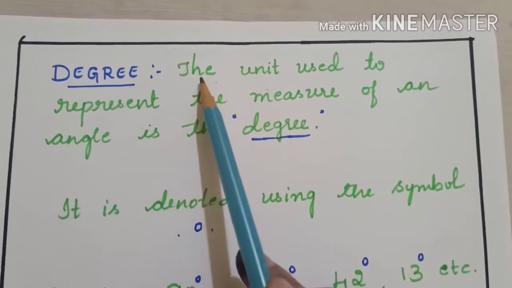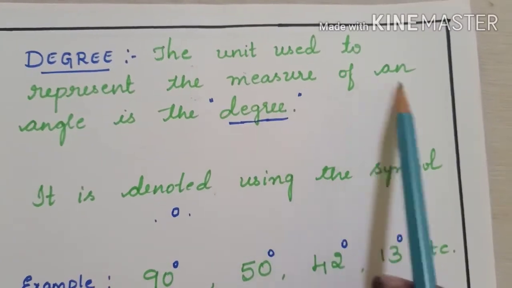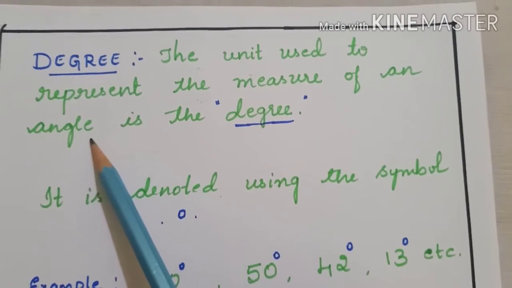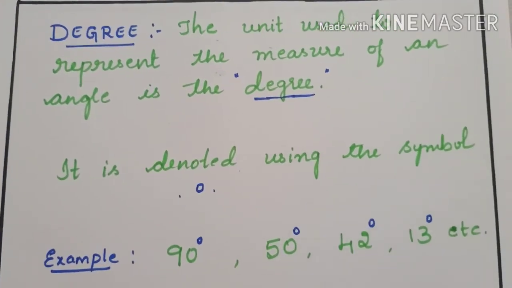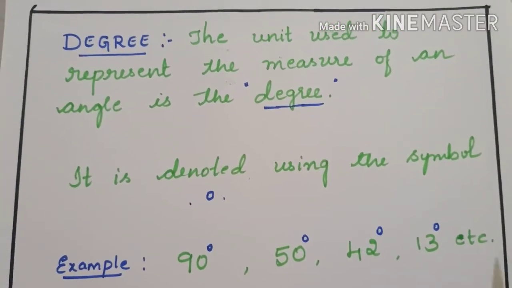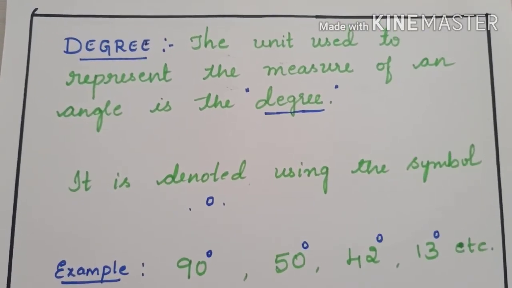Degree is the unit used to represent the measure of an angle. Dear students, just like your weight is measured in terms of kgs, the quantity of liquid items is measured in terms of liters.